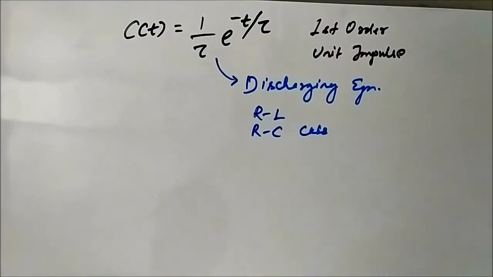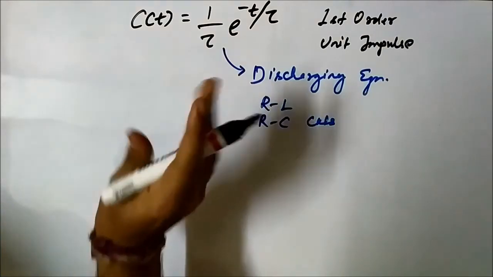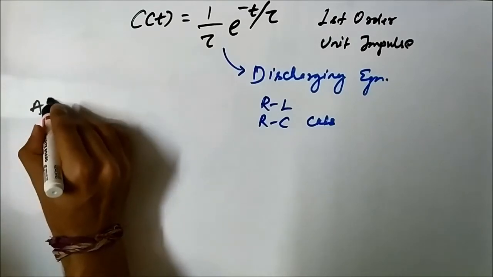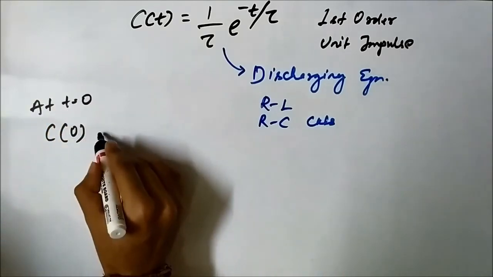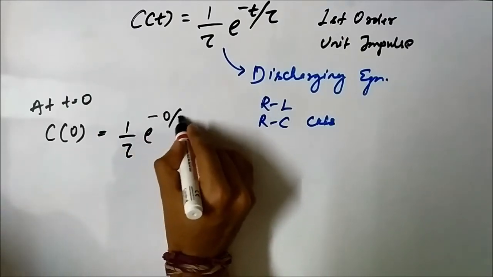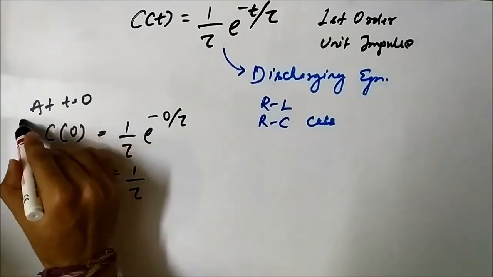So what will be the shape of this waveform? At t equals 0 and at t equals infinity, we will try to plot these points. At t equals 0, it will be (1/τ) e^(-0/τ), which is equal to 1/τ.